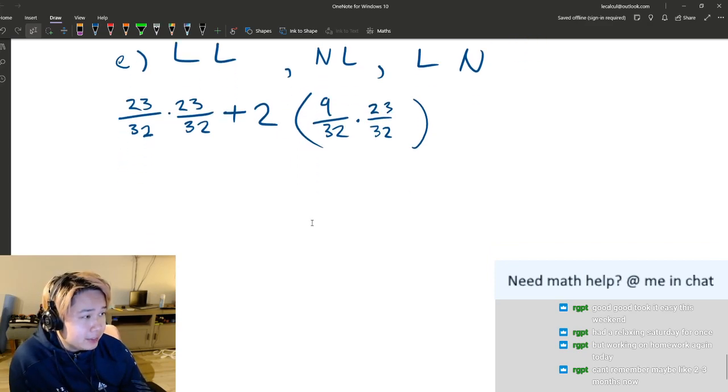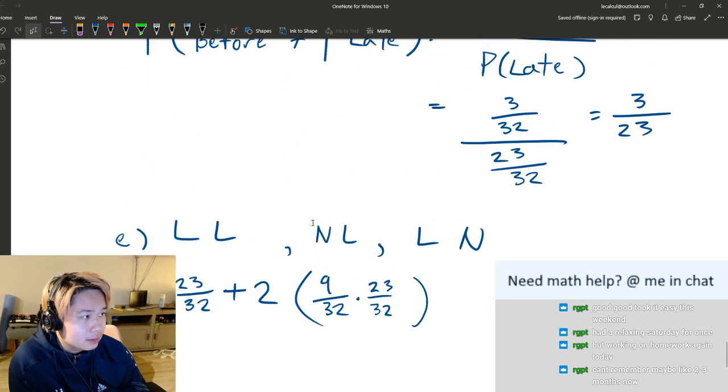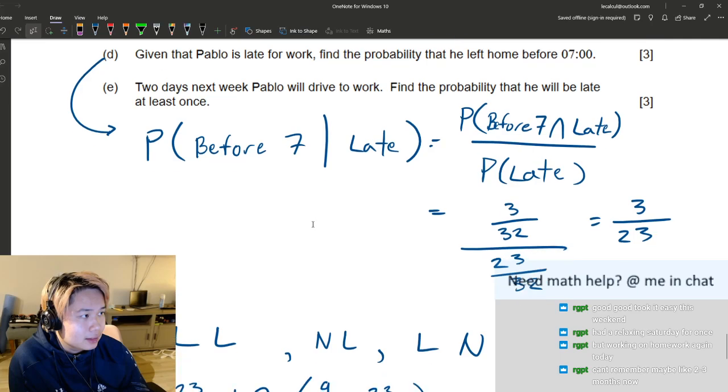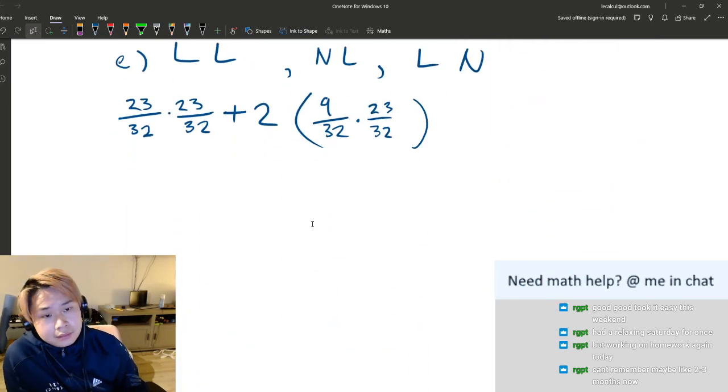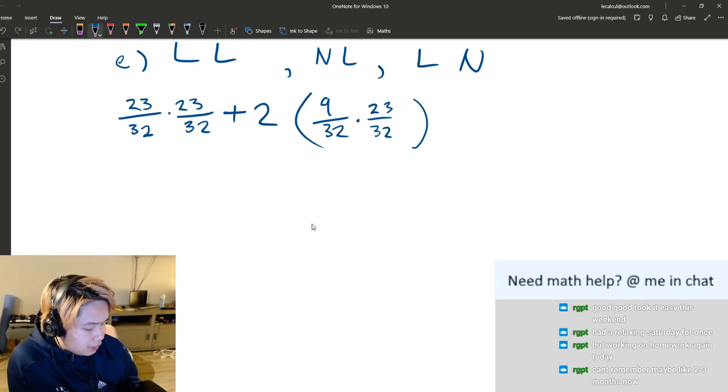And then they want you to calculate this without a calculator? But why? Why would they do this to you? Alright, well they don't want a calculator, so I guess I gotta find out what 32 times 32 is.